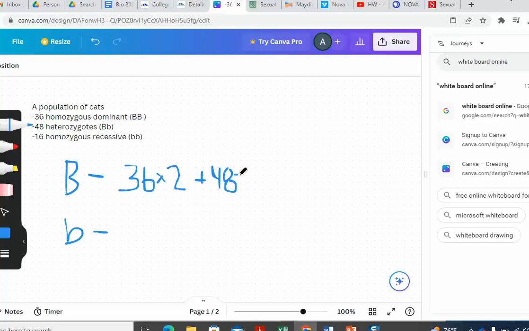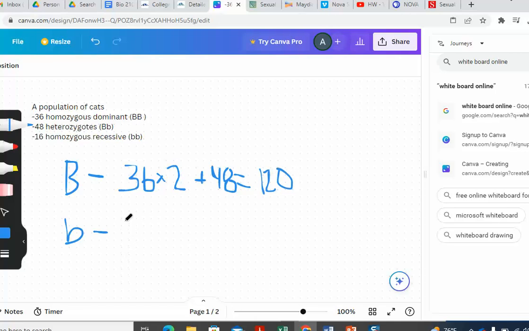So they're each carrying 1 of these alleles. So I would add these 2 numbers together and I would get 120 big B's in this population.